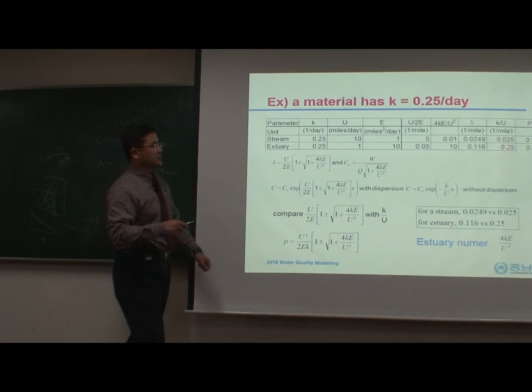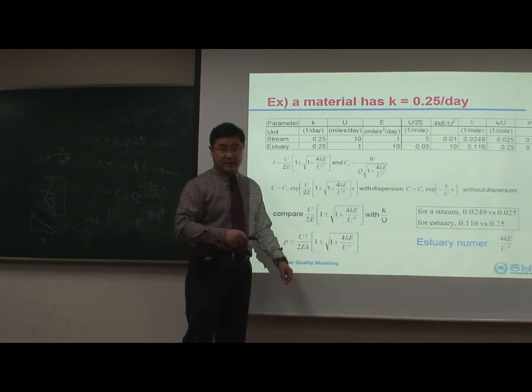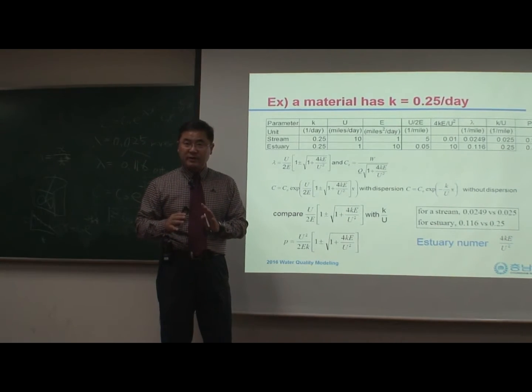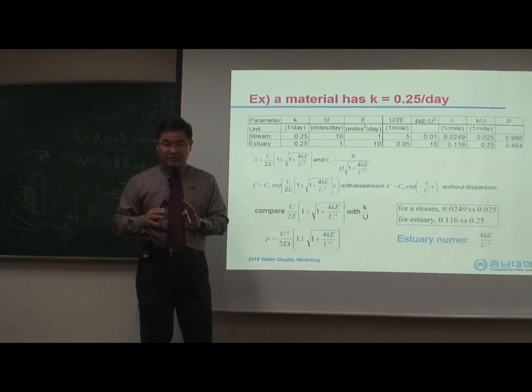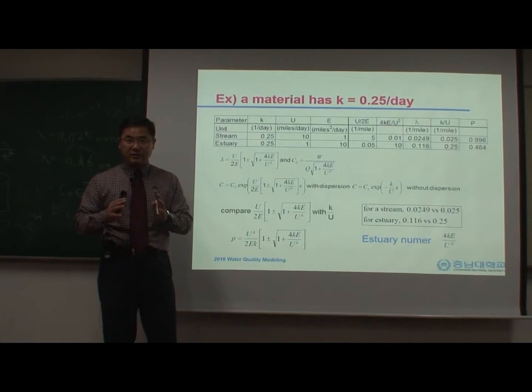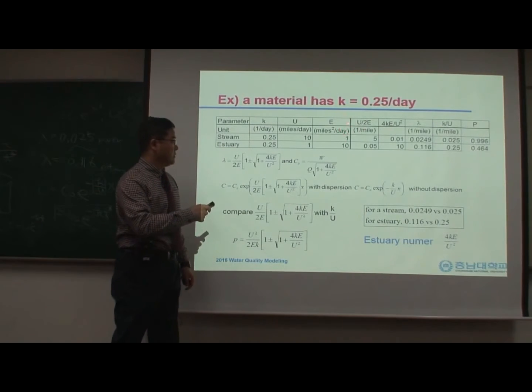So in this case, k over u is 0.25 and lambda is 0.116. We can say they are not similar, they are different. So in that case, in the estuary, you have to consider the dispersion equation.